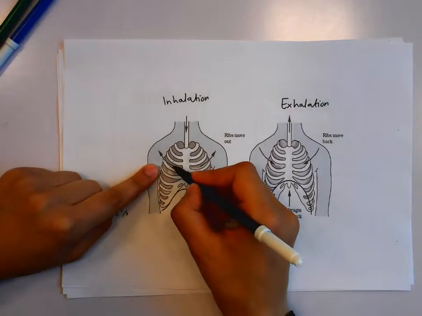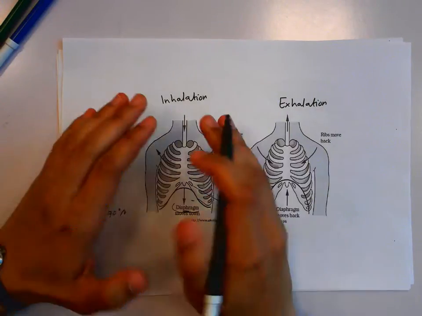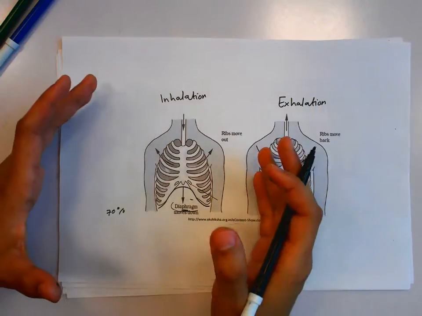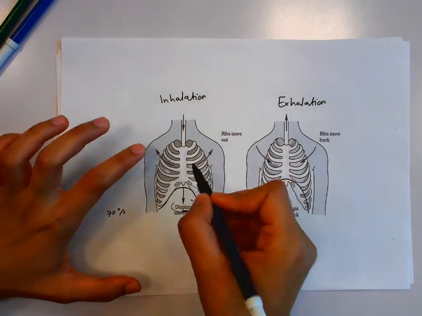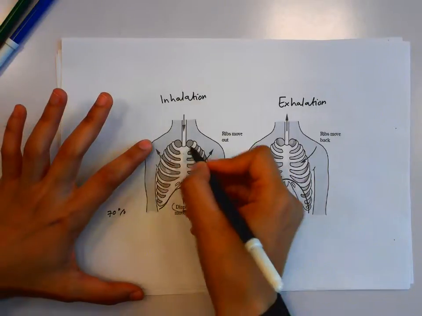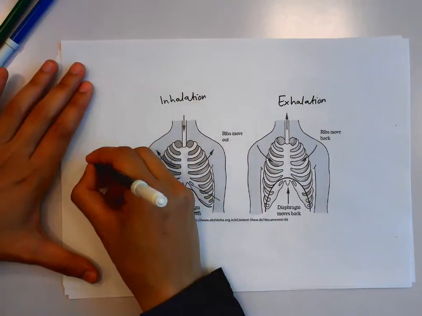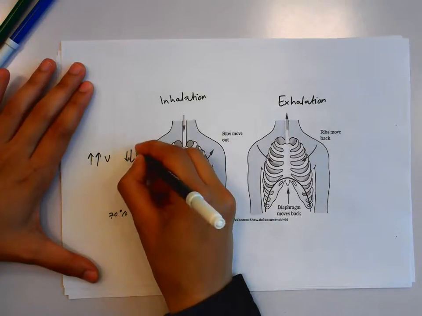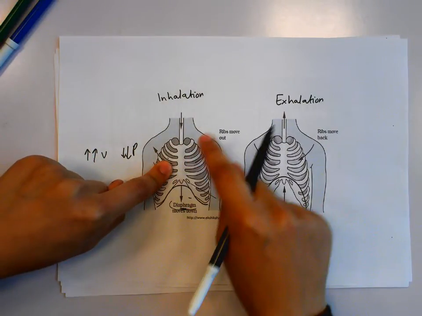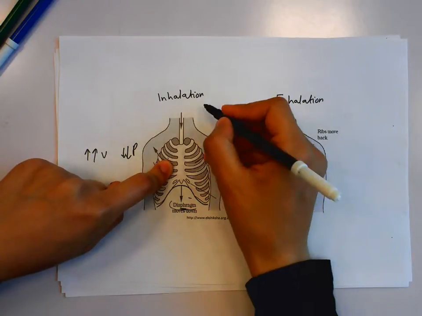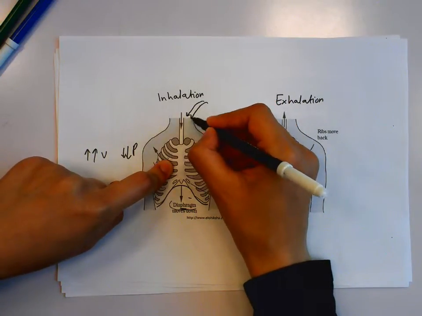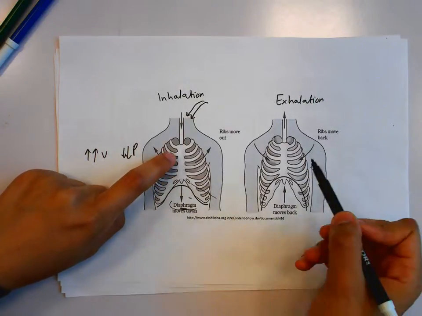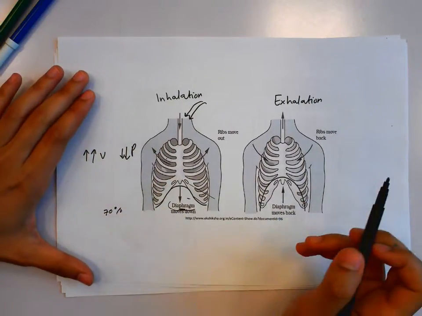And the intercostal muscles between the ribs also contract, so they move the ribs outward. What you are doing is increasing the volume of your thorax. I increase the volume, so the pressure will decrease. The pressure in your thorax will be less than the atmospheric pressure, so air gets into your lungs and you are inhaling.